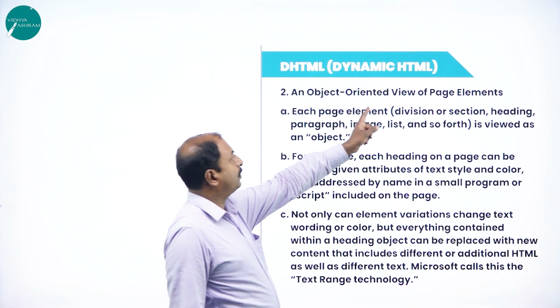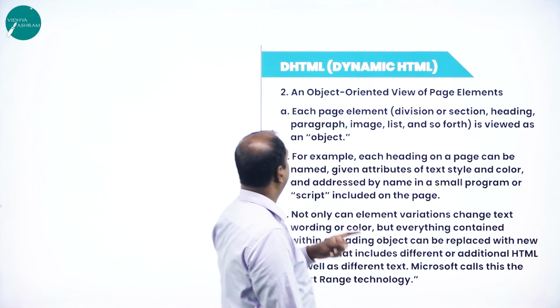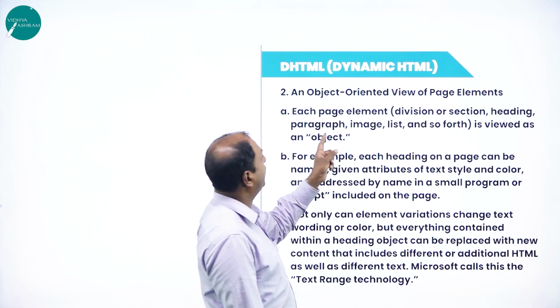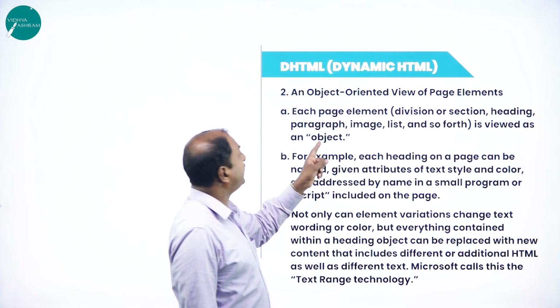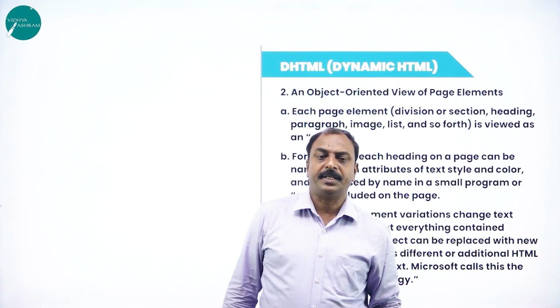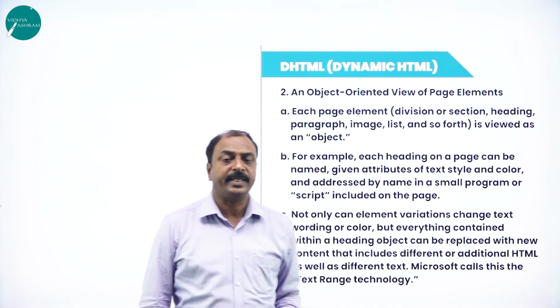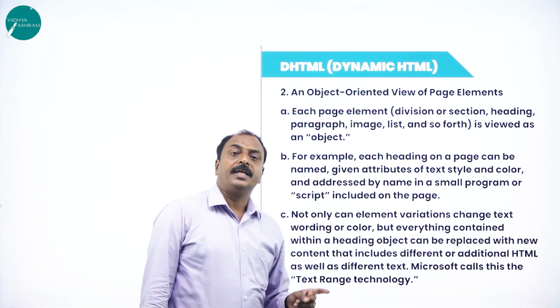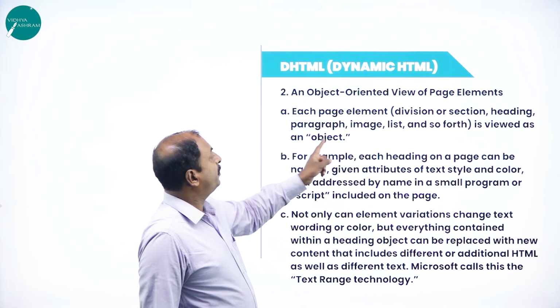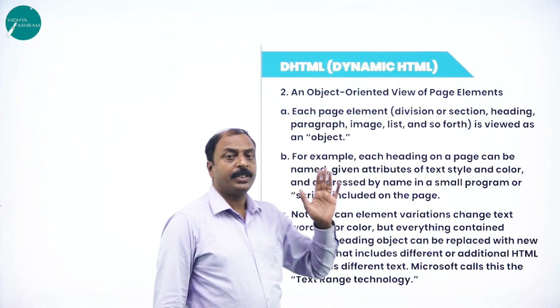What is the meaning of object-oriented view of elements? Here, each page element, whether a division, a section or a heading, can be anything, and is viewed as an object. As I told you just now, all the content in the web page can be viewed as an object. It is an independent program, an independent element, so there won't be any connectivity from one element to another element.